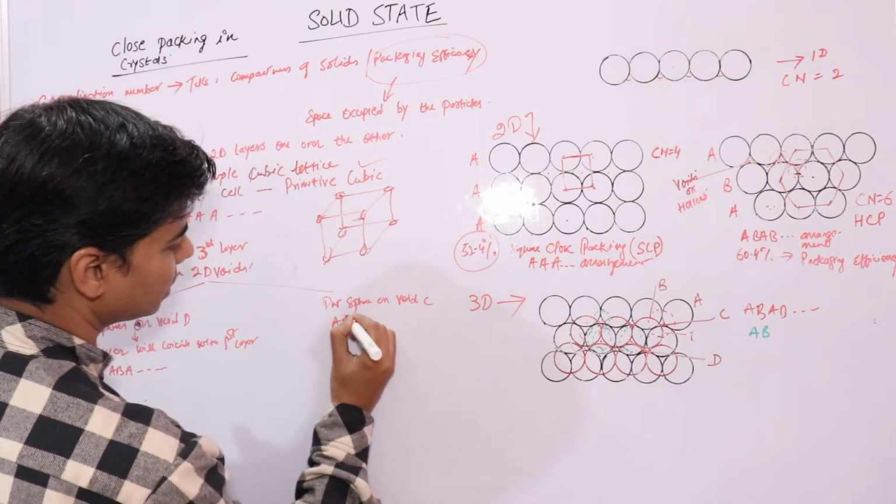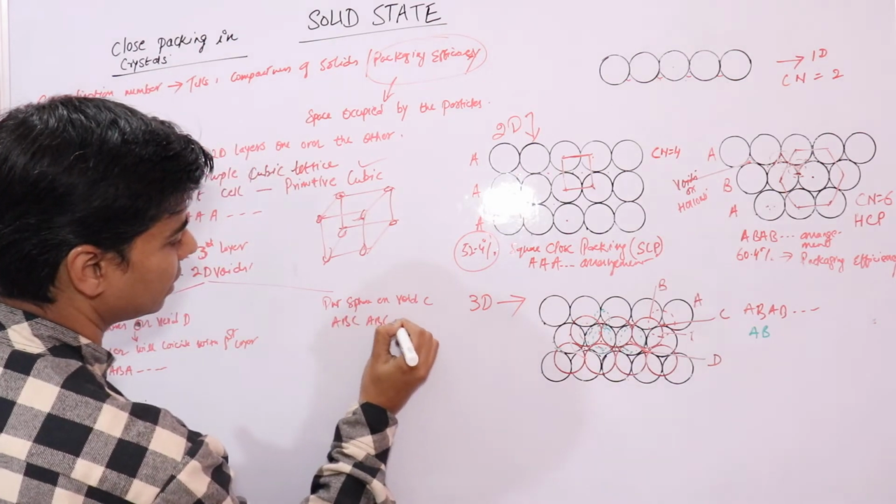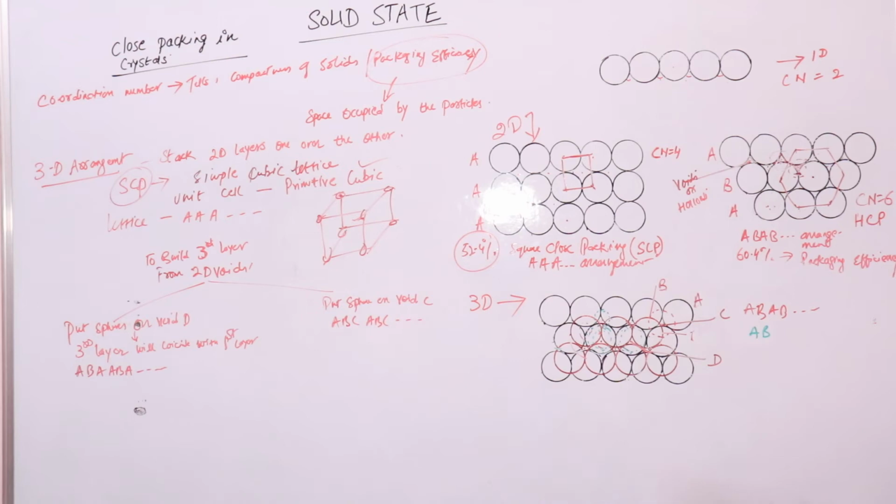So the arrangement is ABC, ABC. This is a little confusing, but if you just concentrate on it, you'll get it. It's easy.